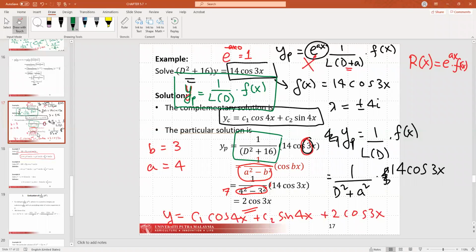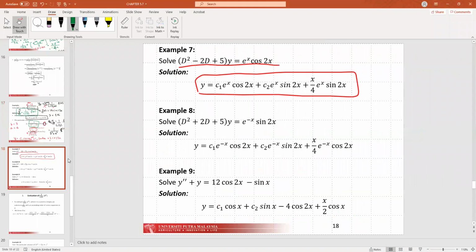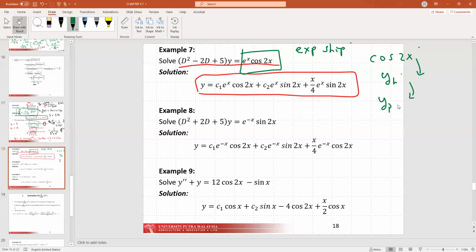So sebelum ni awak dah buat contohnya macam ni, e to the x yang ni. Awak boleh guna exponential shift, bahagikan dengan e to the x sebelah kiri dan sebelah kanan, akan dapat cosine of 2x. Kemudian awak teruskan cari homogeneous solution, kemudian cari particular solution.